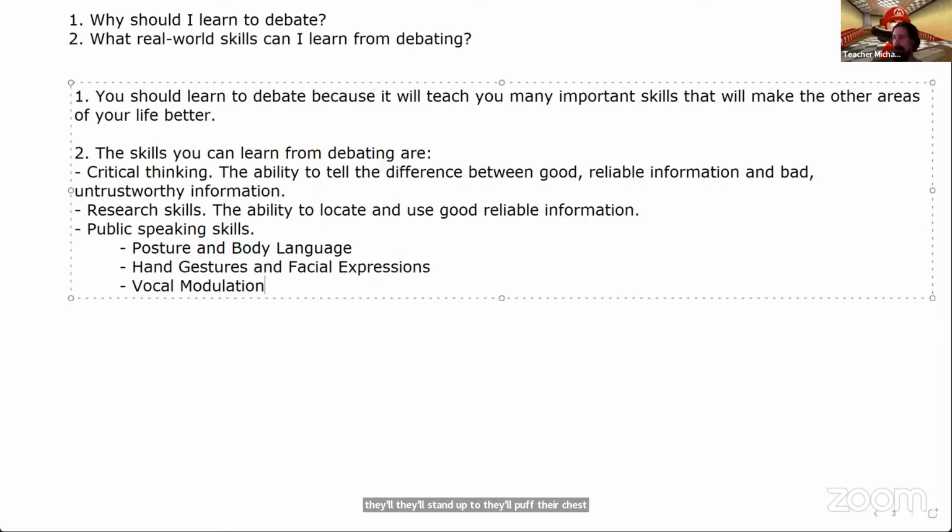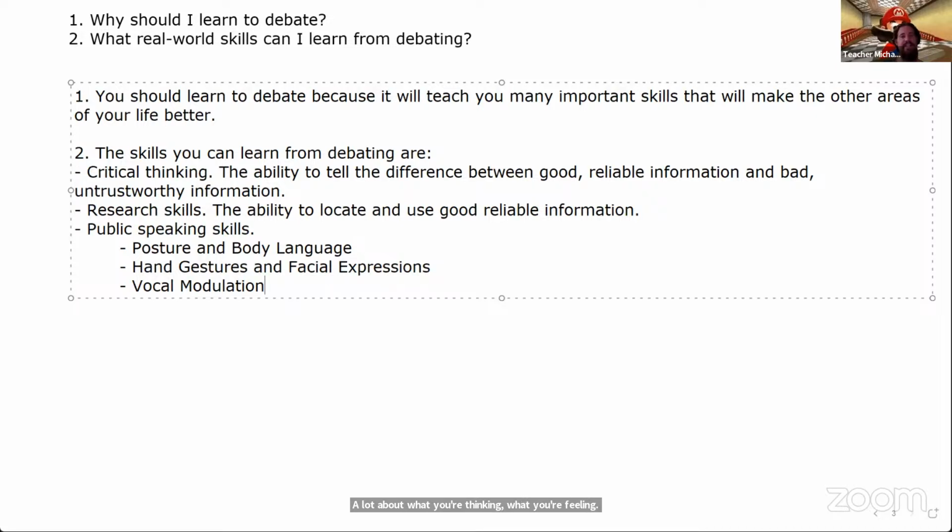But people that are very nervous, people that don't believe in what they're talking about, they'll try and do what they can to make their posture smaller. So they'll try and tuck their chest in, hide it away. They'll duck their head down. They won't make eye contact with you. All of these sorts of things, they can tell an audience or a debate judge a lot about what you're thinking, what you're feeling.